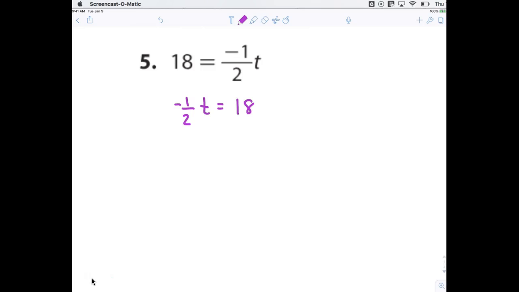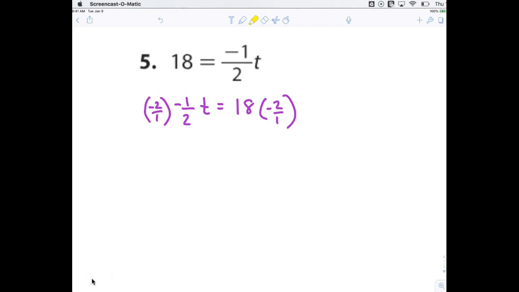So what's the reciprocal of -1/2? -2/1. Does it matter really where the negative goes? No. Does it really matter that we do 2/1? No, because dividing by 1 is still going to stay the same. So I'll multiply this by -2/1.